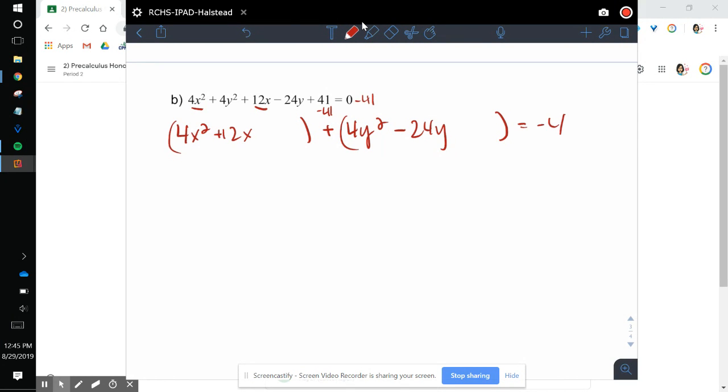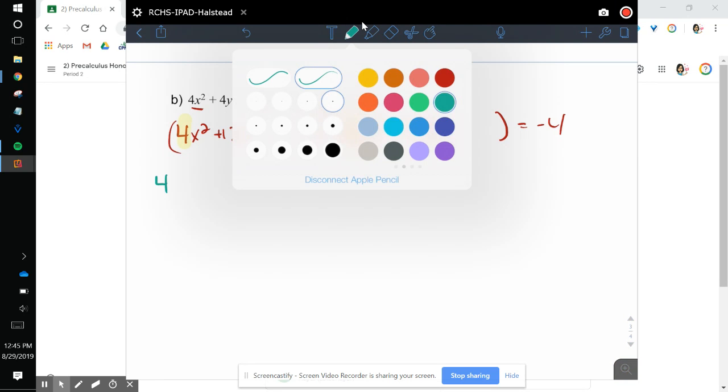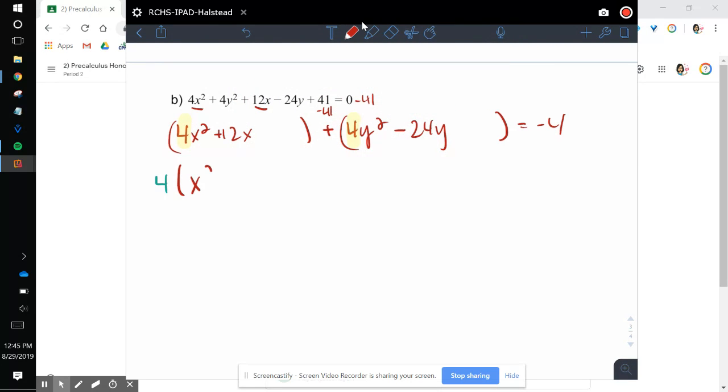I can't complete the square if I have these coefficients in front of my x squared and my y squared. So I'm going to factor out the coefficient on both of these. So I'm going to do 4 times x squared plus, what's 12 divided by 4? That's 3x, plus 4 times y squared minus 6y, is equal to negative 41.